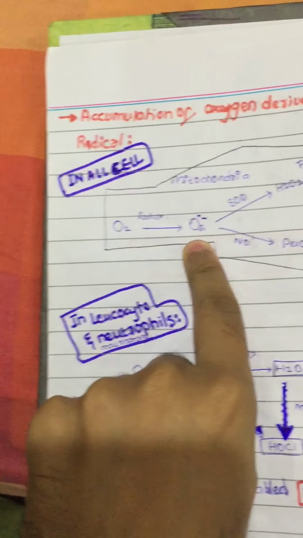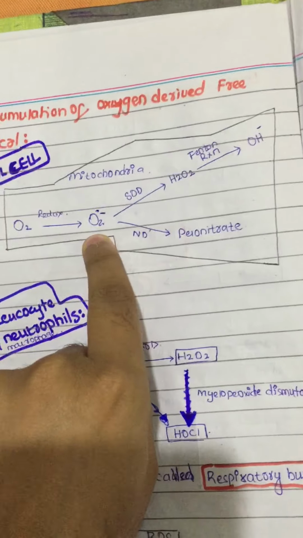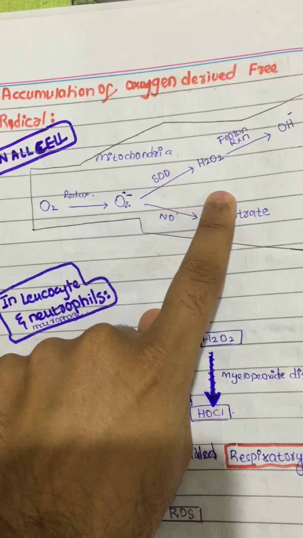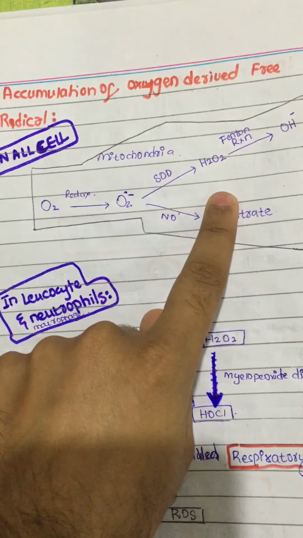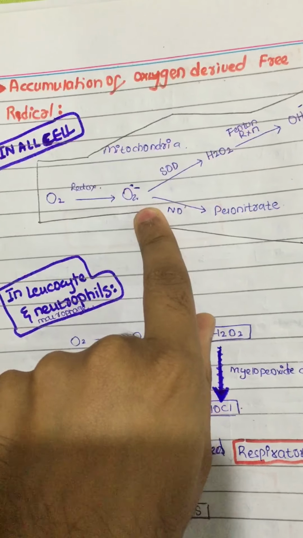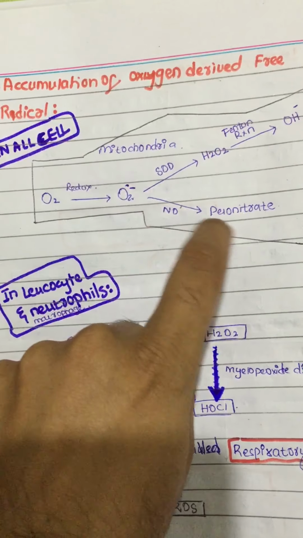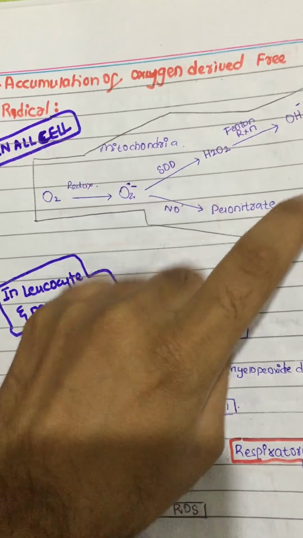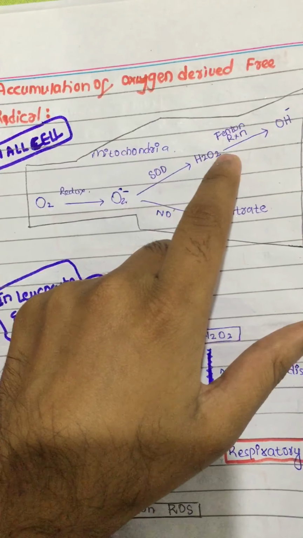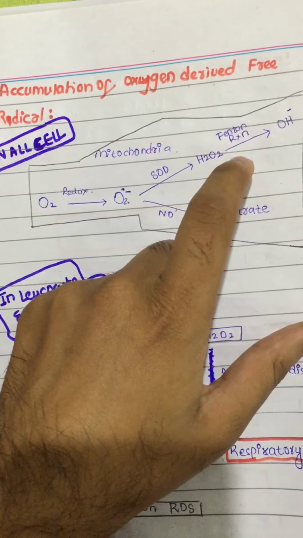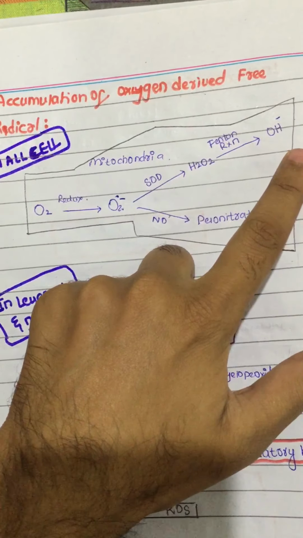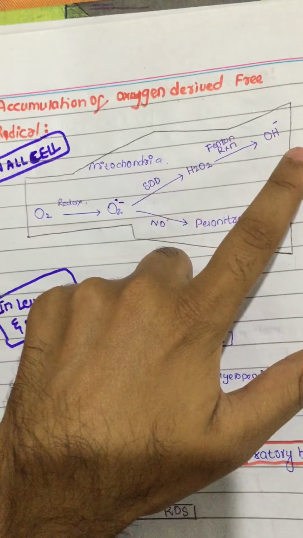The superoxide, in the presence of superoxide dismutase, is going to be converted into hydrogen peroxide, H2O2, and in the presence of nitric oxide, it's going to be converted into peroxynitrite. Then the H2O2 is going to be converted into OH in the presence of the Fenton reaction.